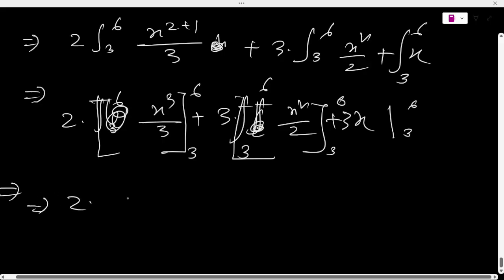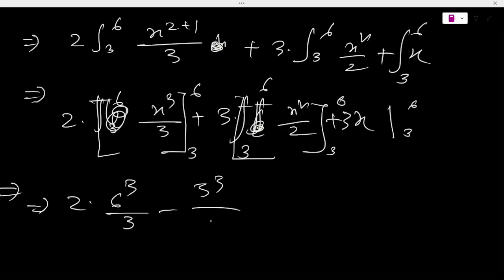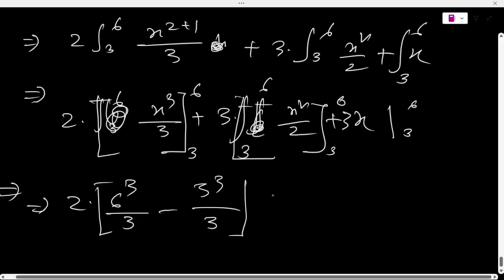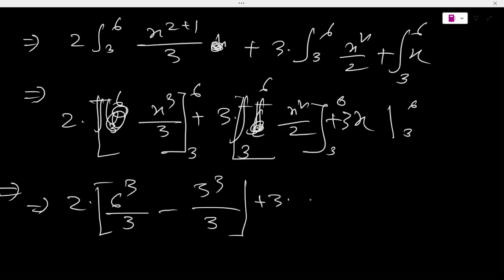It will come out: 2 into 6 cubed divided by 3 minus 3 cubed divided by 3, and second will be plus 3 into 6 squared divided by 2 minus 3 squared divided by 2.